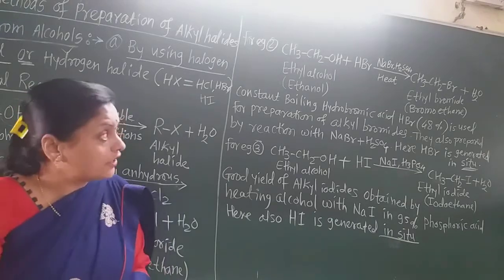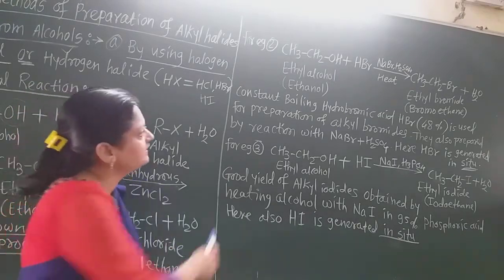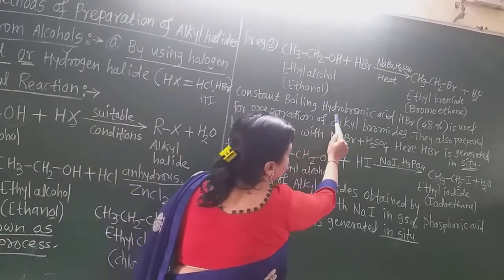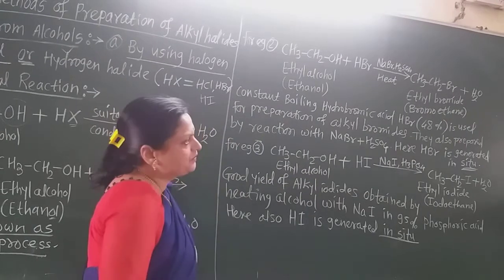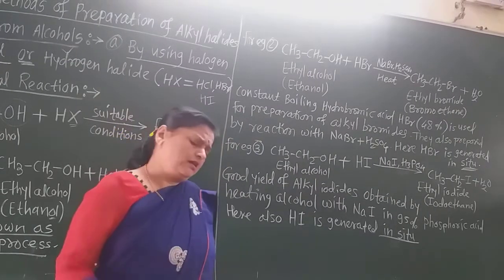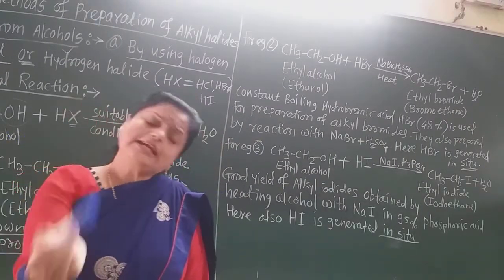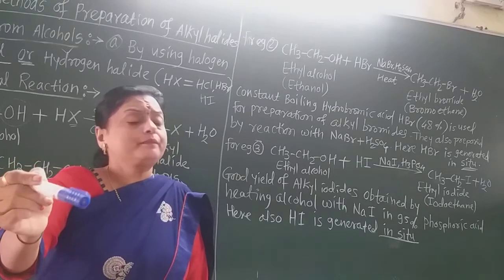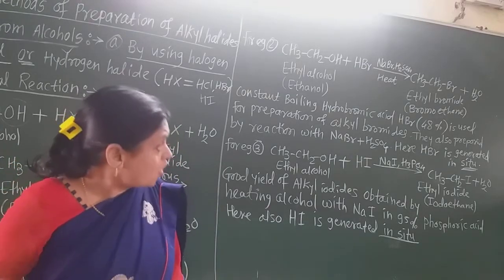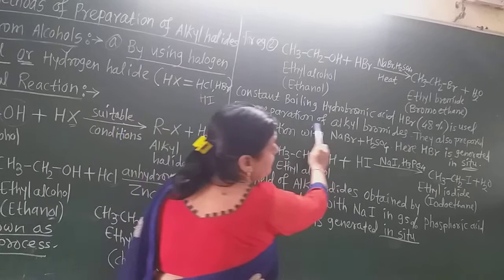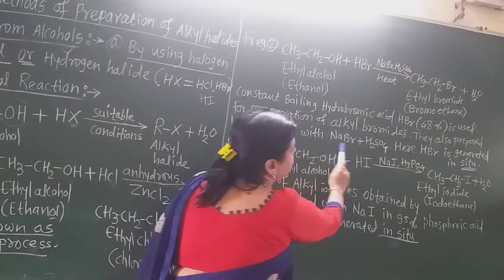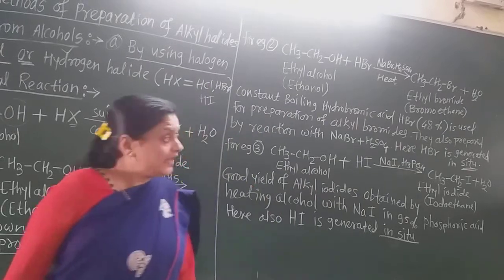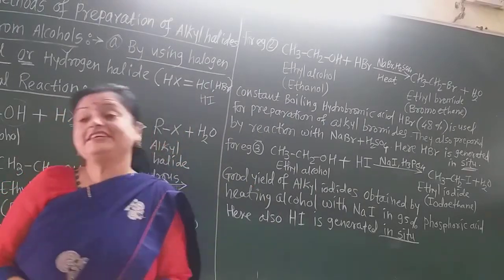Now that is the important point of this reaction. Now see here, constant boiling hydrobromic acid, 48% HBr, we can use directly. Or for preparation of alkyl bromide, it is also prepared by reaction of NaBr and H2SO4, and here HBr is generated in situ.